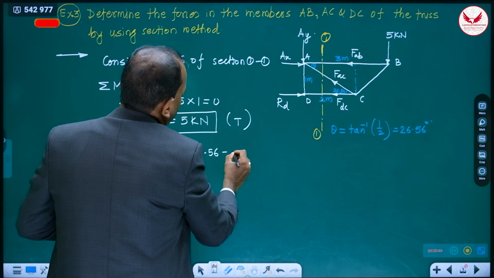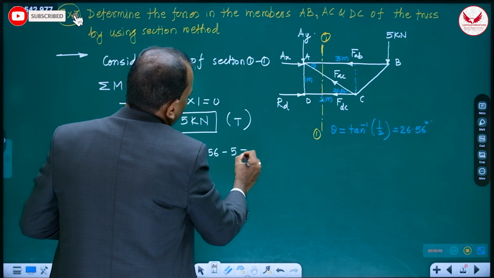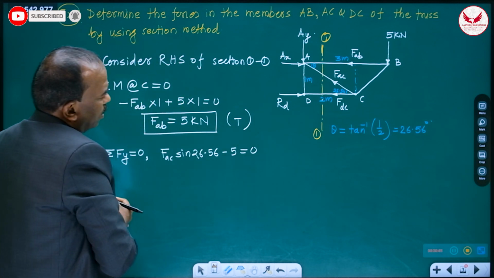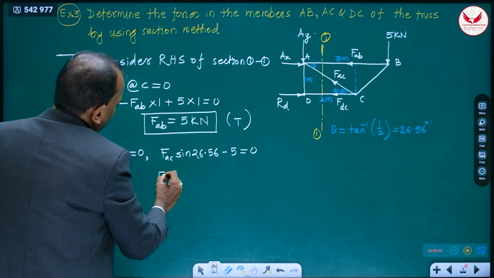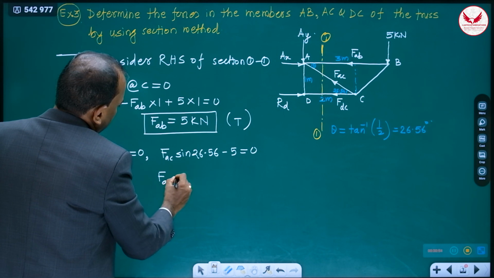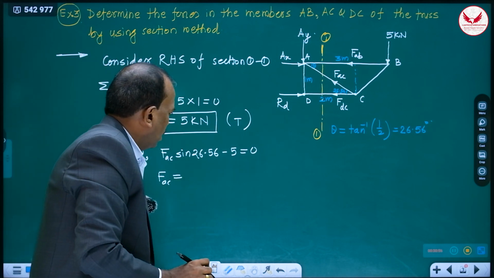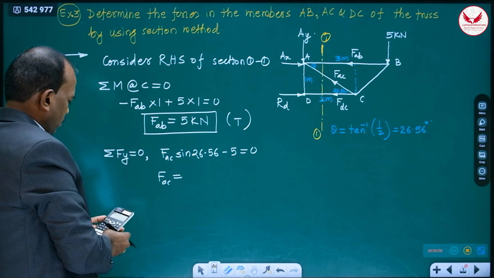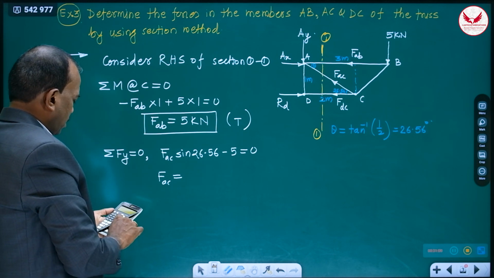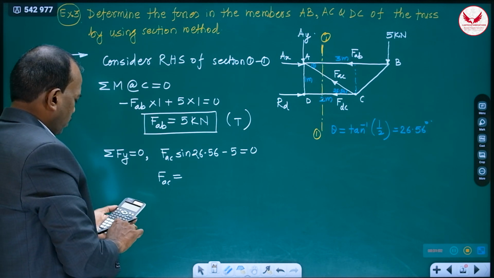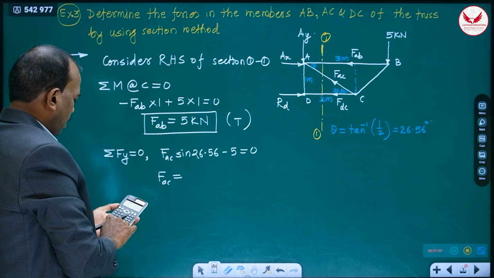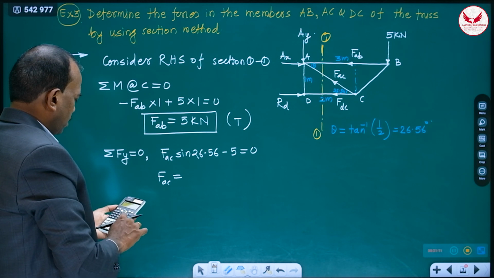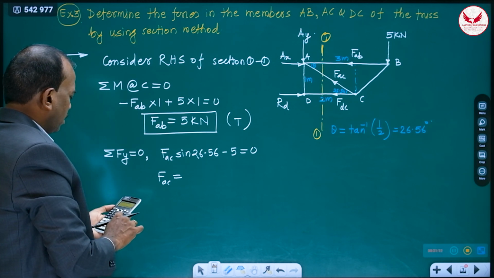And minus 5 is equal to 0. Means easily we can get this answer. FAC is 5 divided by sine 26.56, 11.18.